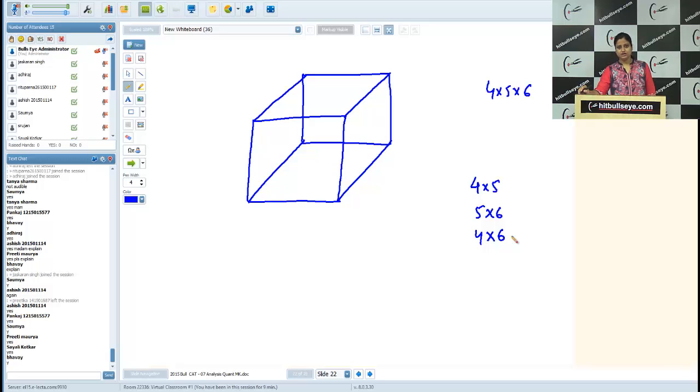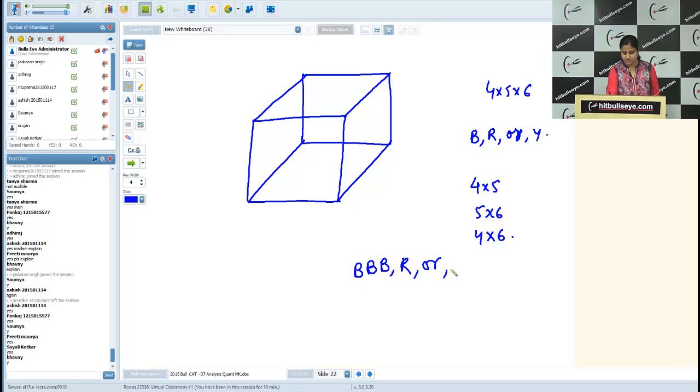So if we want to maximize the number of cuboids which have at least 2 faces painted with the same color, our try will be, see there were 4 colors, say blue, red, orange and yellow. We'll take one color on each face and one color is used thrice on 3 faces. Say blue we are using 3 times.